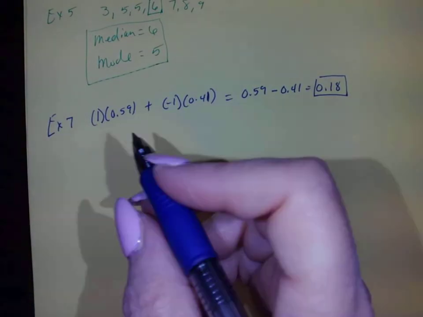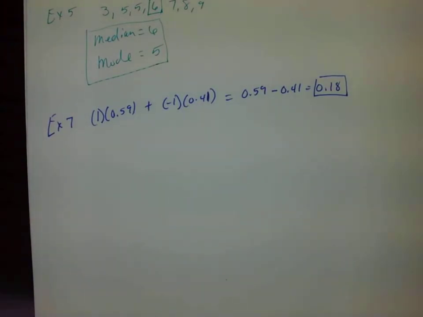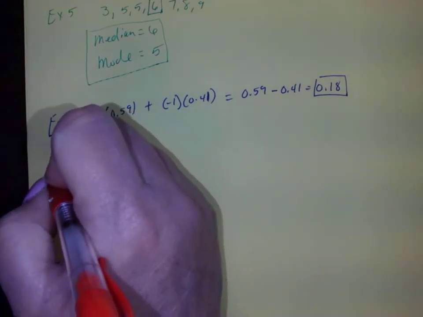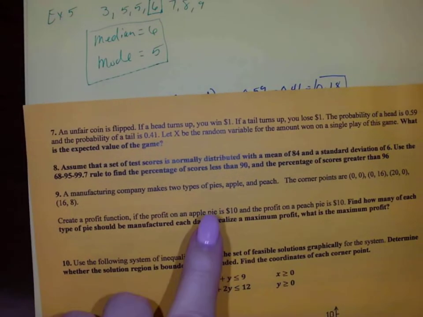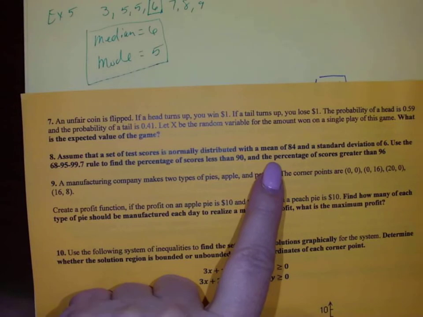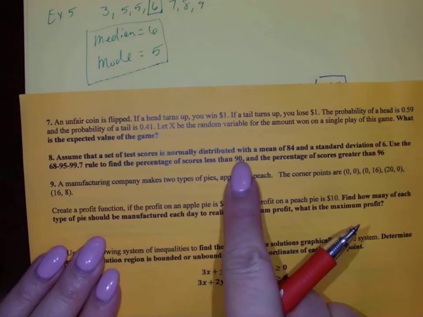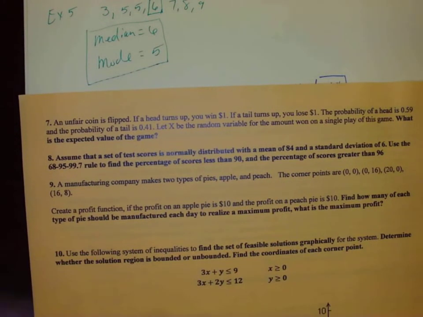All right, example 8. We assume that a set of test scores is normally distributed with a mean of 84. Normally distributed means we have a nice normal curve, and a standard deviation of 6.